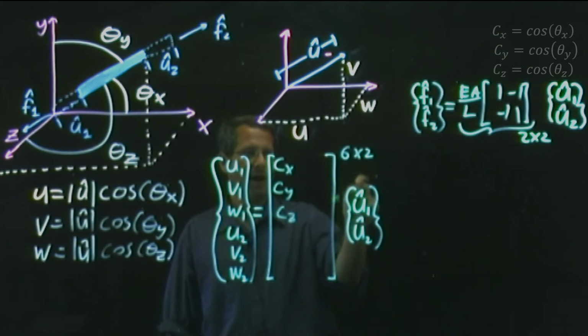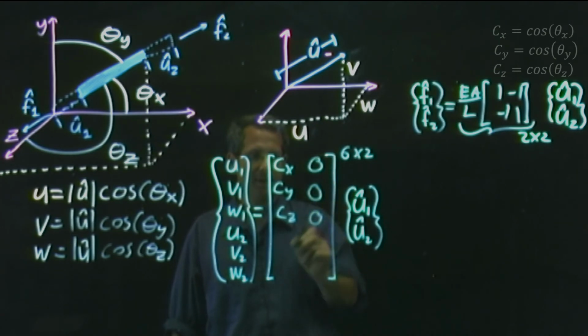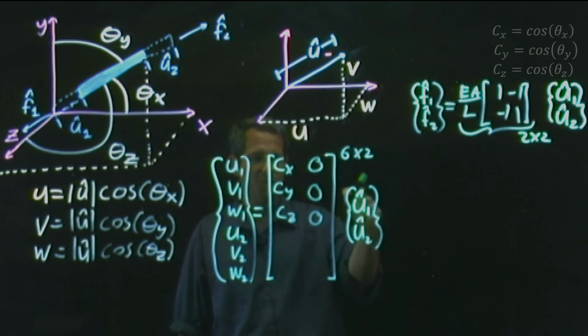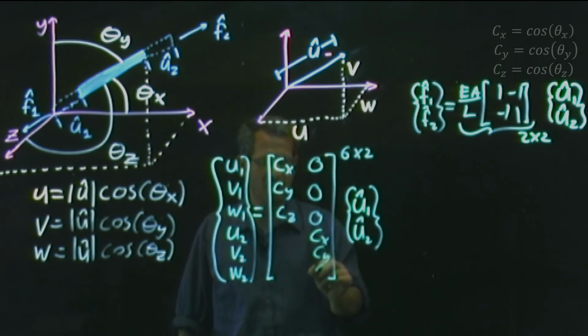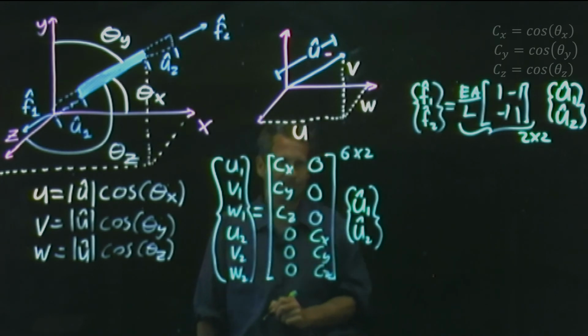I don't want anything multiplied by u2 hat, so I'll put zeros here. Likewise, to get these values, I don't want anything multiplied by u1 hat. I just want this relationship by u2 hat, so this will be 0, 0, 0, cx, cy, cz.